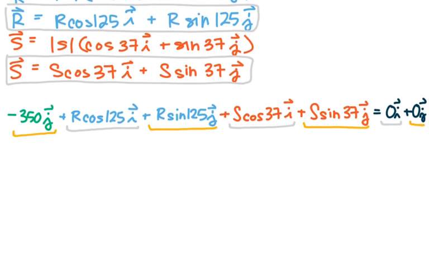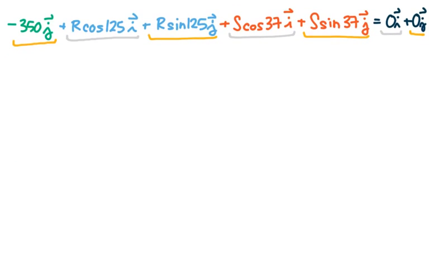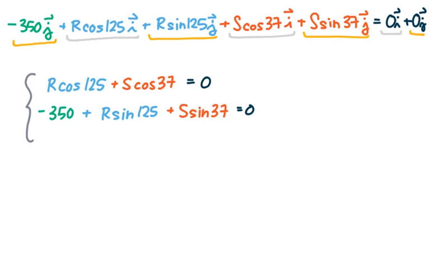Let's look at setting up this system of equations from what we're looking at here. Leaving out my J's and I's, I'll say R cosine 125 plus S cosine 37 equals 0. So that's where this first equation came from.